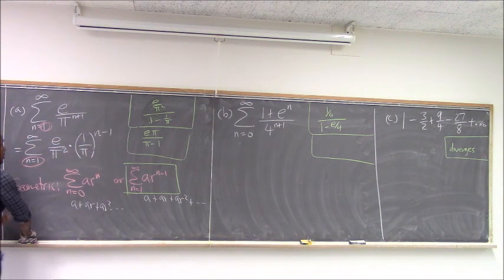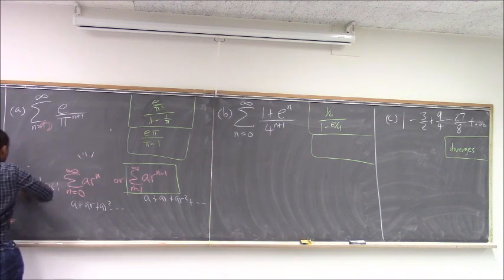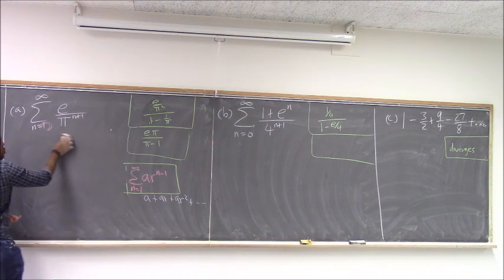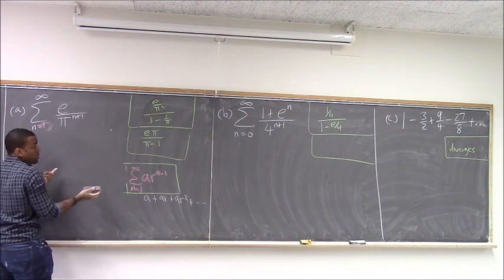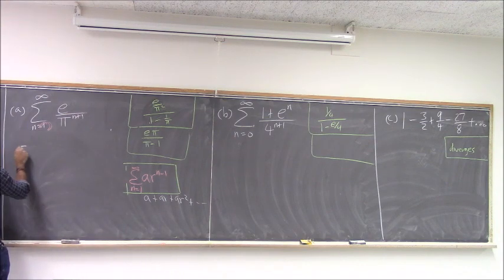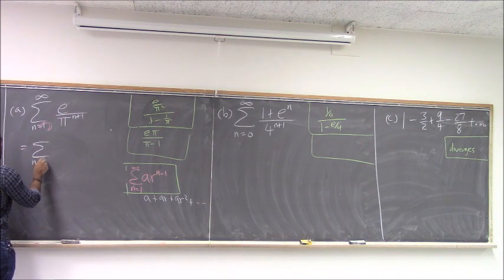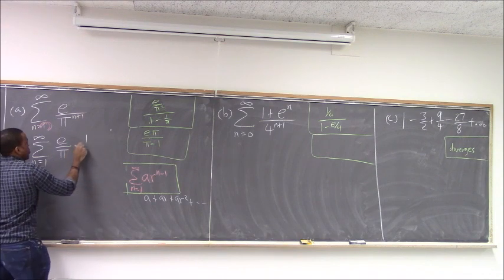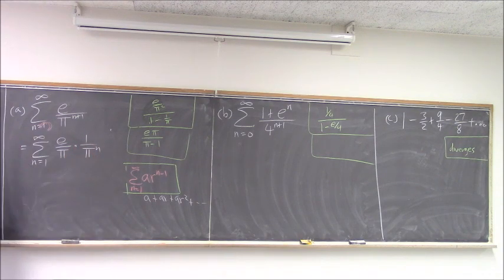Okay, so once you know that, here's how you're going to continue. So first, you want to separate the parts that have the n powers from the ones that don't. So you would start out by looking at e over pi times 1 over pi to the n, right? That's how you would start off. Then I would notice that, oh, this starts at 1, so I want actually n minus 1.